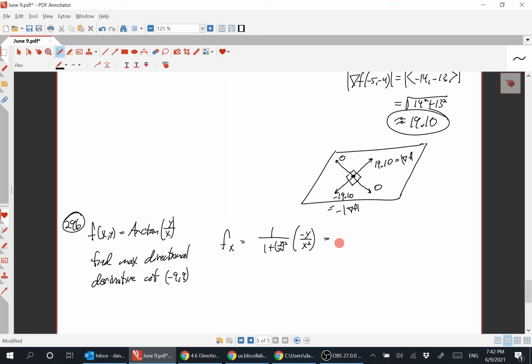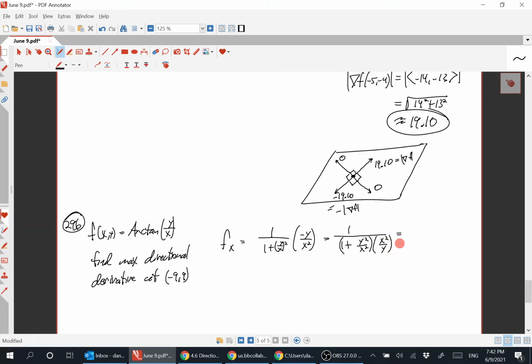So this is 1 over 1 plus y squared over x squared, times negative y over x squared.